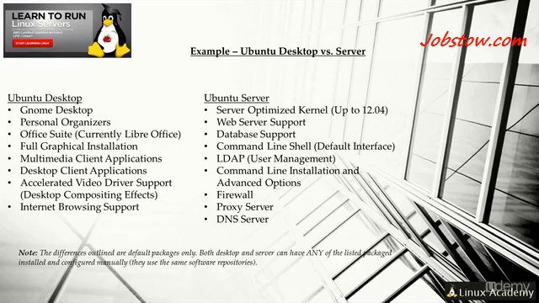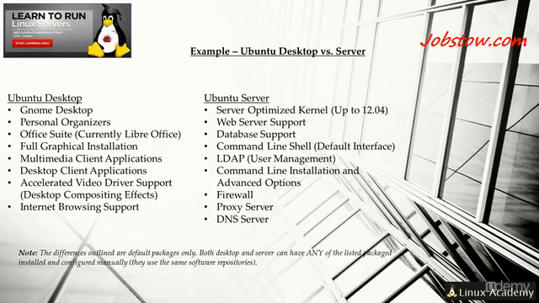Whereas on the server, you'll have a server-optimized kernel, at least up to Ubuntu version 12.04. The kernel that came with the long-term support for the server version was optimized for server support, although there is no difference currently between 12.04, 12.10, and 13.04 Ubuntu desktop and kernel versions. But Apache web server support, database support, that LAMP stack that we talked about before.